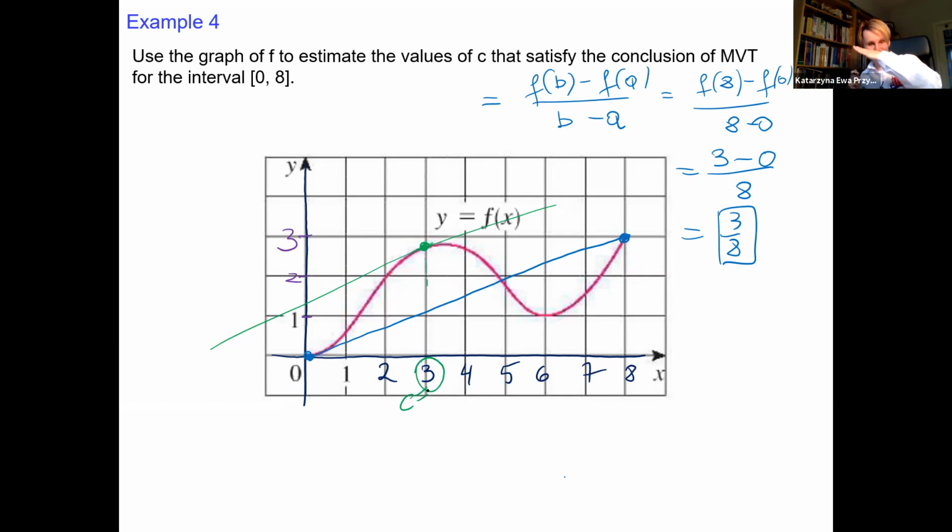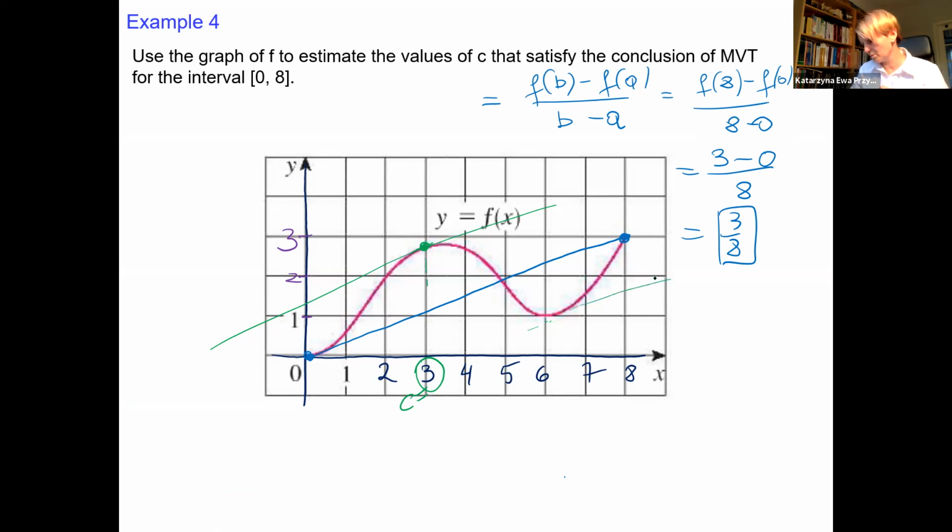And can you try to predict the other value, because we have the other part of the curve. Also, we have to draw a tangent that has to be parallel. 6 will not be a good number, because 6 will give us a horizontal tangent. Probably more than 6.